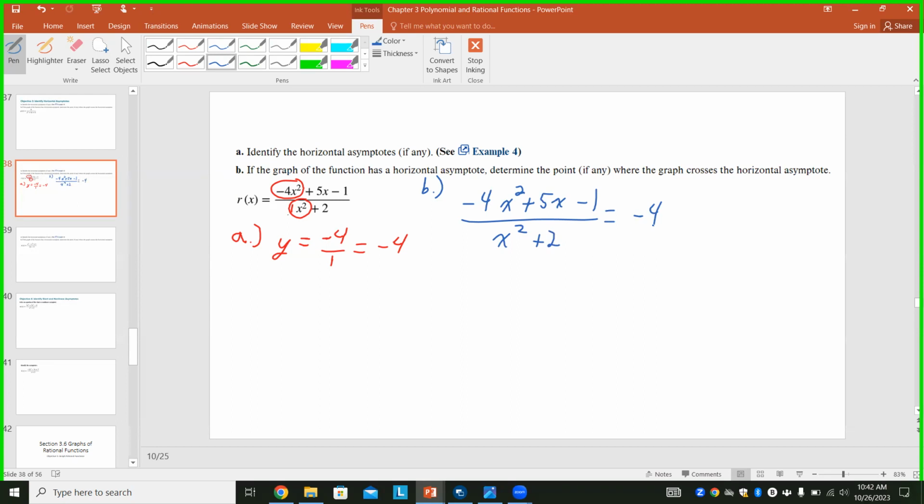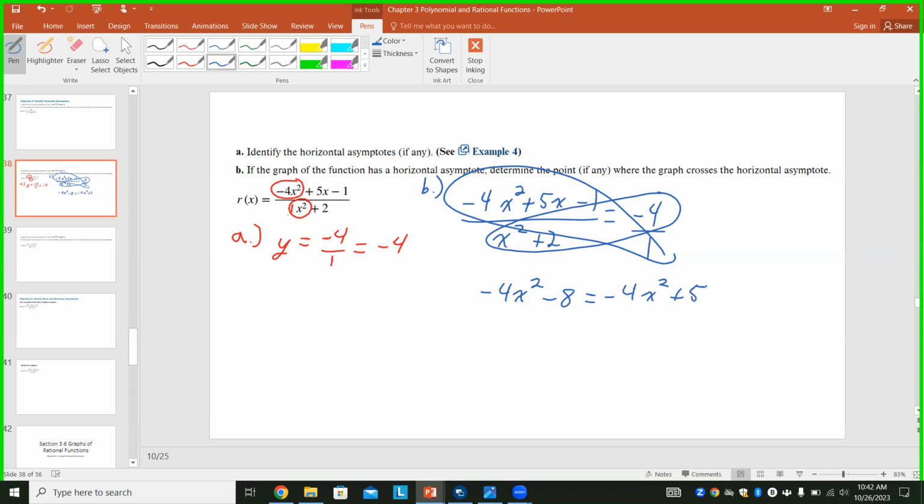So I put this over 1, and then cross multiply. -4 times (x squared plus 2), I'm going to distribute, gives me -4x squared minus 8. And 1 times anything is just itself, so it's -4x squared plus 5x minus 1. Then we go about and solve.